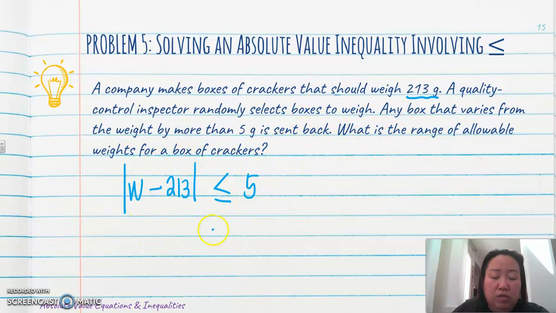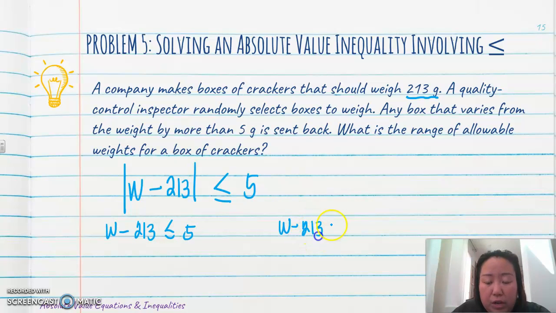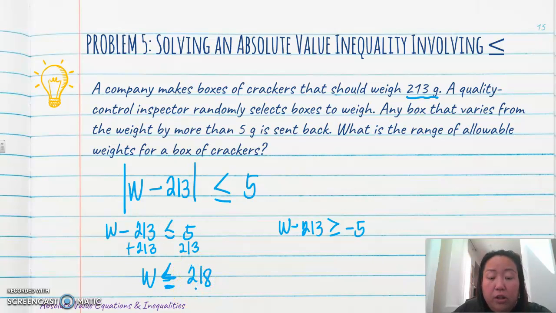But if you're going to show your solution, it's going to be this way. So you will have the weight minus 213, the acceptable is 5. And then the weight minus 213 must be greater than negative 5. In this case, we solve for W. If you add 213 on both sides, the weight should be less than 218.